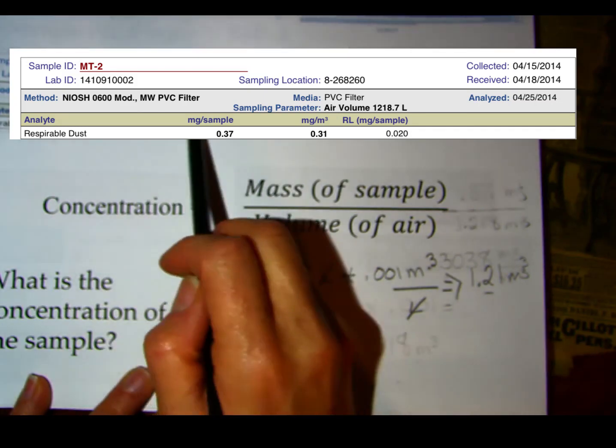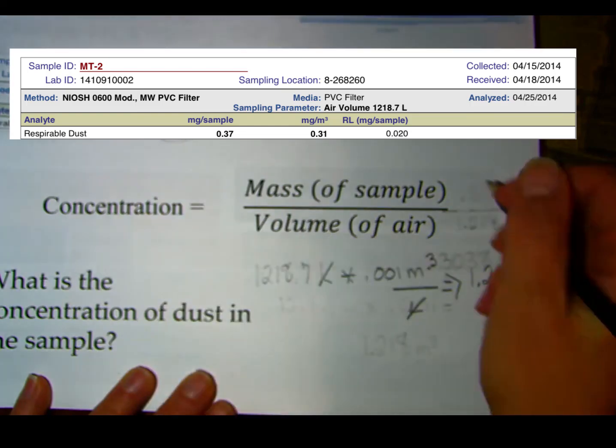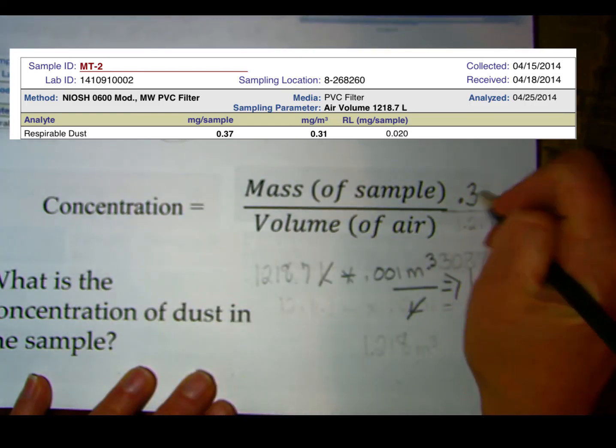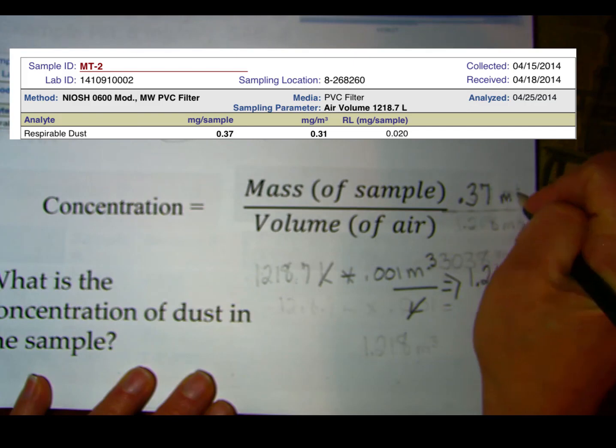And so now our mass of our sample is here in milligrams, 0.37 milligrams.